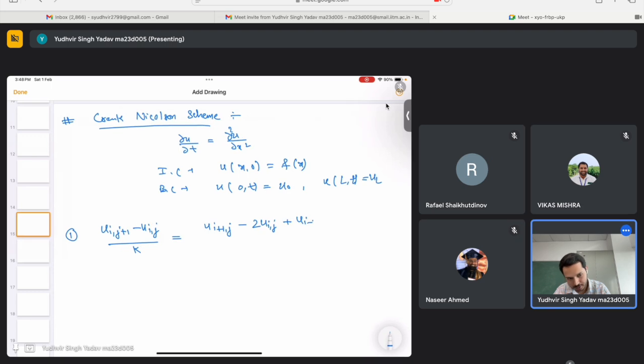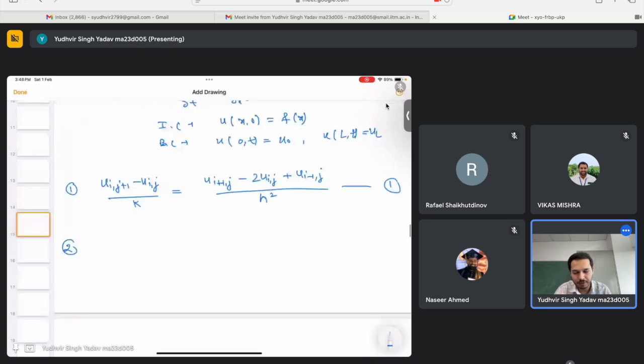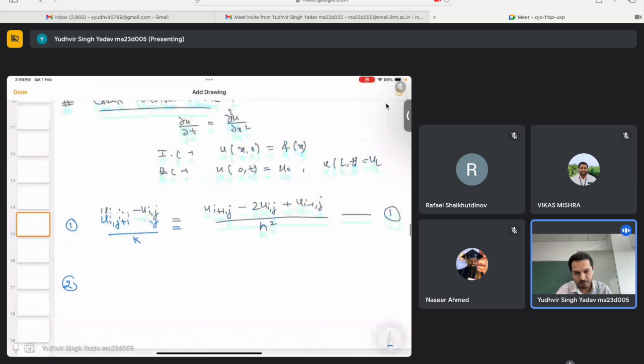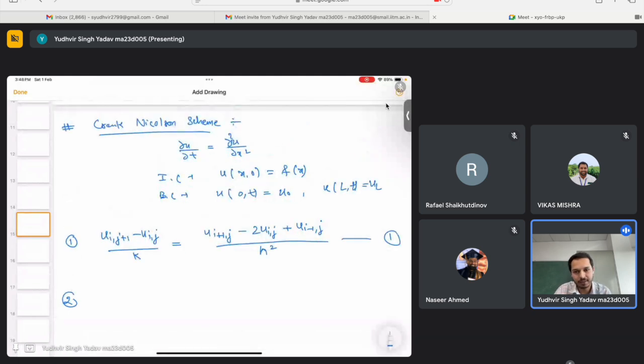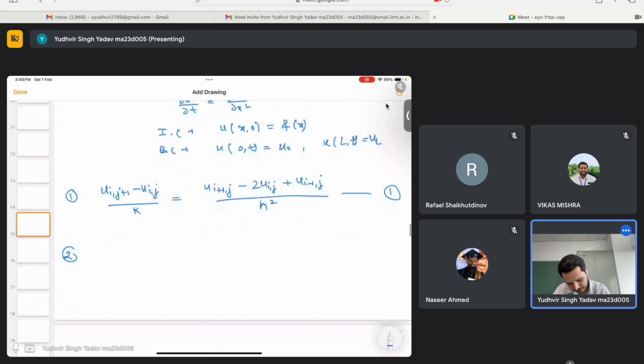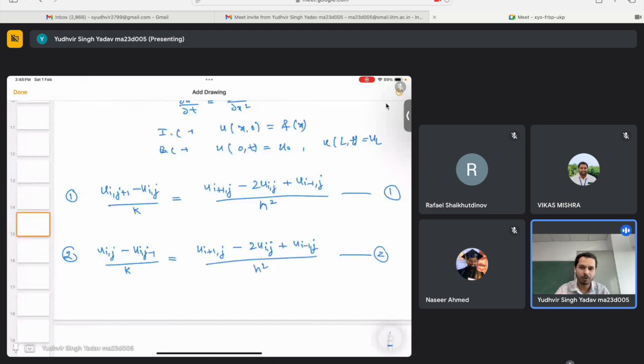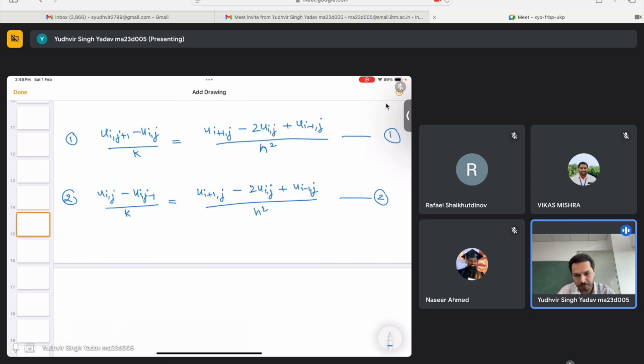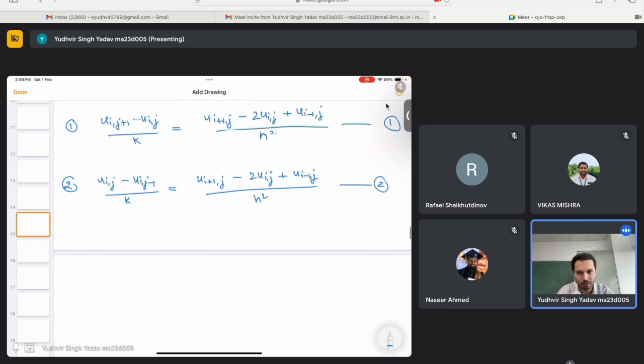In the next step, we will apply backward difference scheme for the time derivative and central difference scheme for the space derivative. So it will be u i j minus u i j minus 1 by k, and this side will be the same. Now what we will do is replace j with j plus 1 in the second equation.